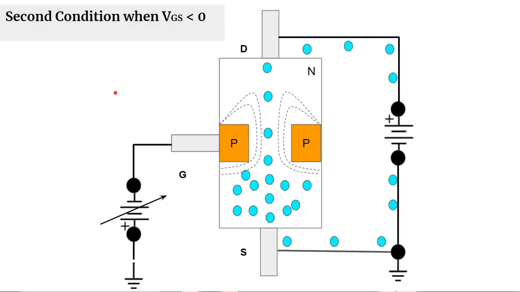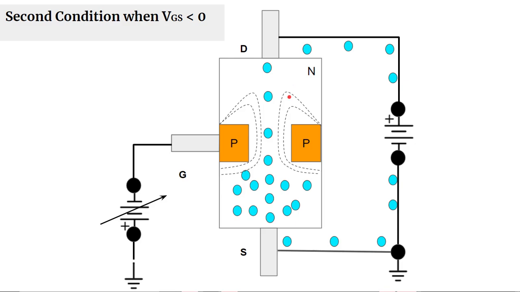Now what is the pinch off voltage? Let's say we are increasing this gate voltage, going more and more towards the negative side. These two junctions will keep on increasing towards the drain and keep on decreasing towards the source.